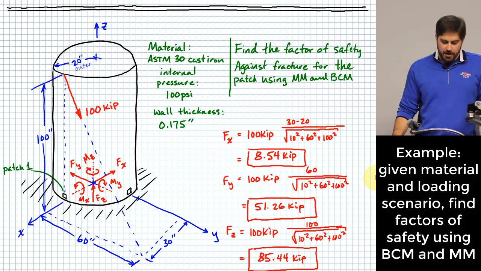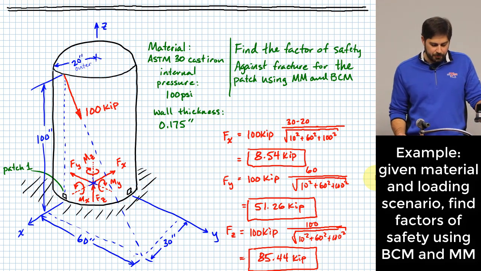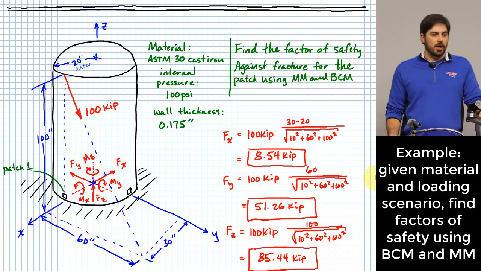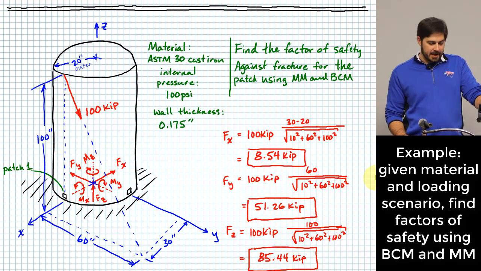All right, it is carrying an additional 100 kip force on the outer perimeter of the tank, and that 100 kip force is directed along that dotted line, and the trajectory of that force is given with the dimensions that I'm showing there. Okay, see how that works?